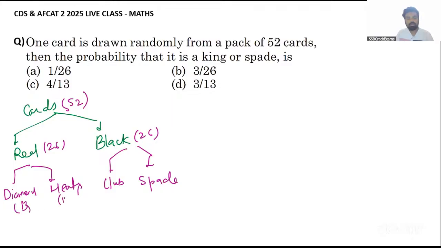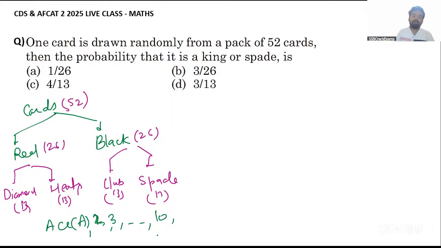These 13 cards are labeled starting from A, which is ace, then two, then three, and so on up to 10. After 10, there is a card marked J, a card marked Q, and a card marked K. K is king, Q is queen, J is jack, and 10 is 10.